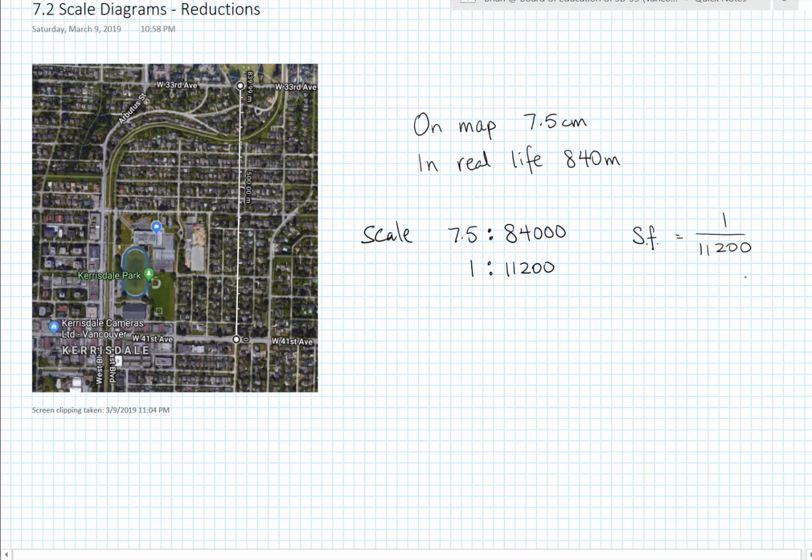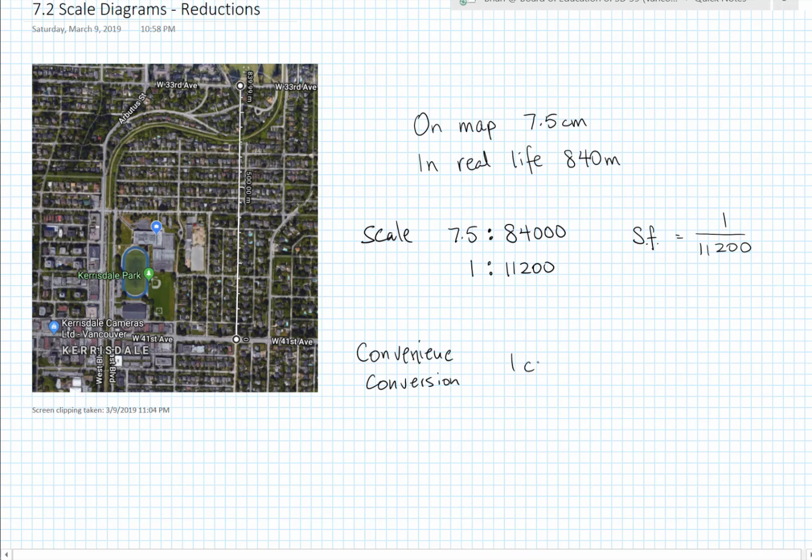Now, you may see on many maps something that I would call a convenience conversion. And what does that look like? So a convenience conversion is actually often written as a scale, but it'll look like this.